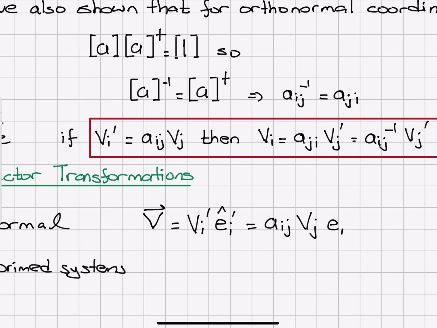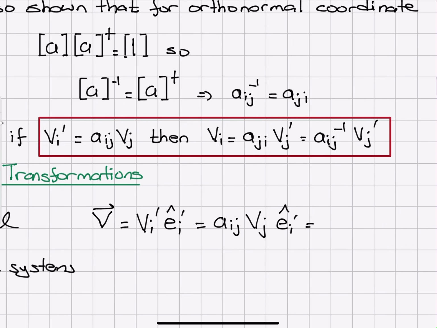So this is in the e_i' hat direction, but this is also equal to the unprimed components v_j in the e_j hat direction.